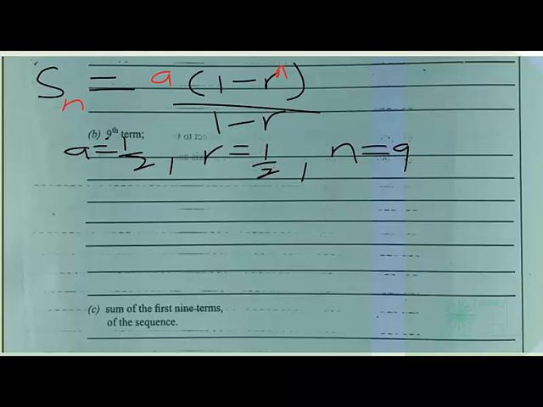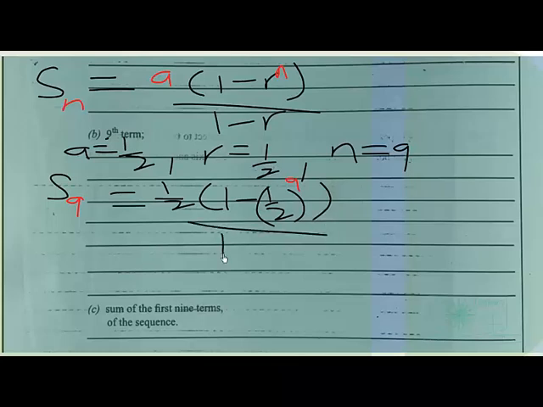So the sum of the first 9 terms will be equal to 1 over 2 into bracket 1 minus 1 over 2 exponent 9, all over 1 minus 1 over 2.